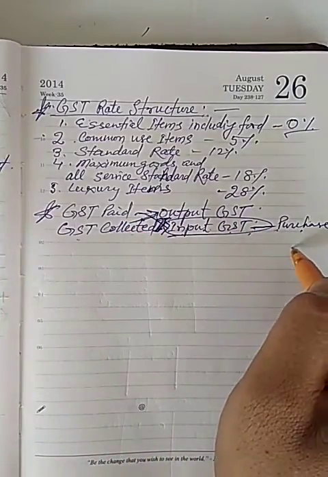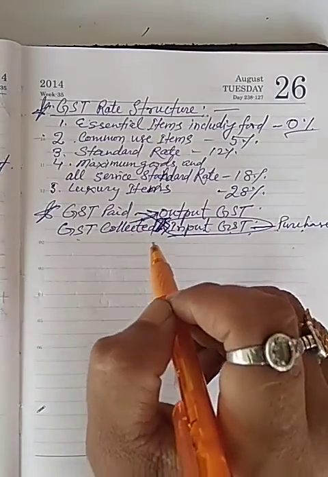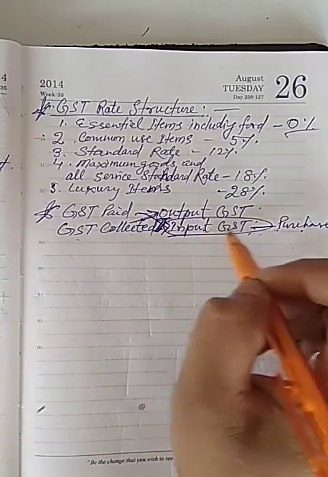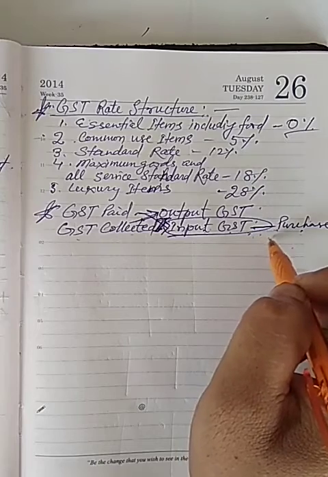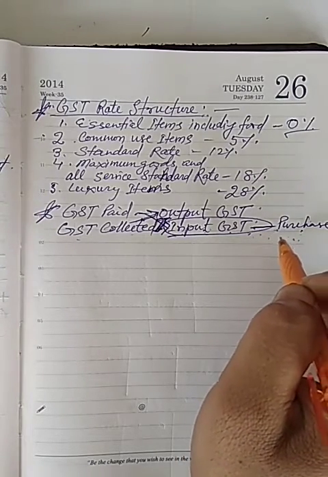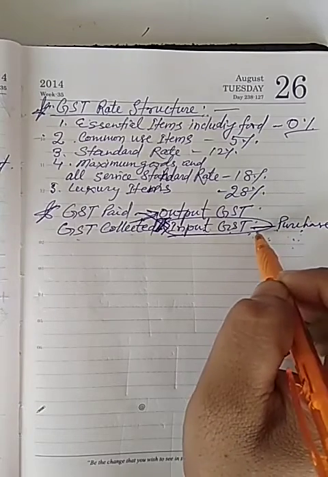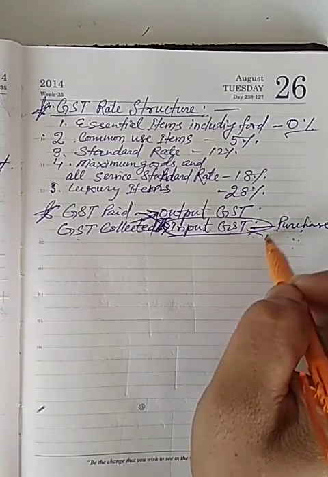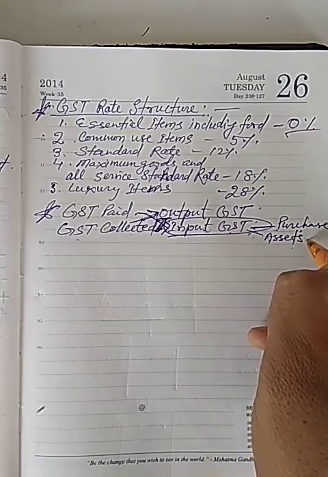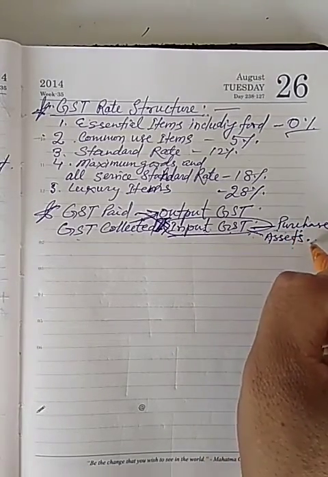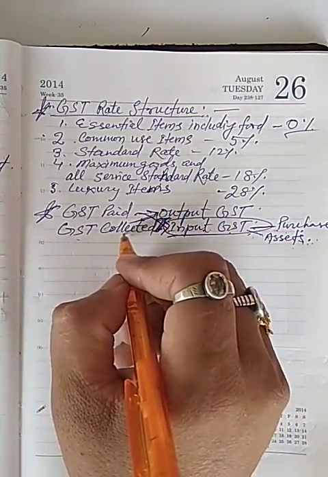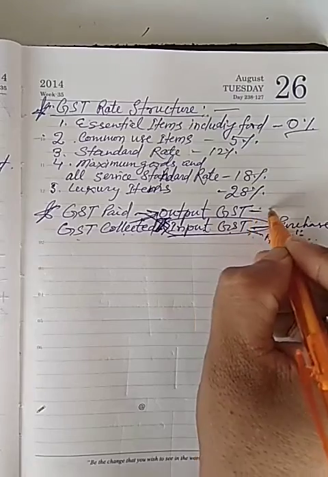GST paid on purchase, input GST, is not a cost for the purchaser but an asset, since it can be set off against GST collected on sale.